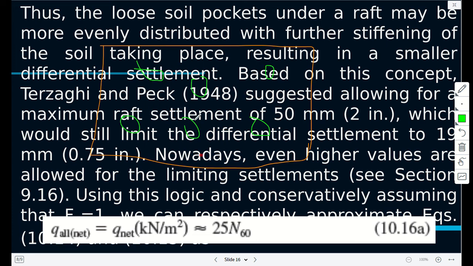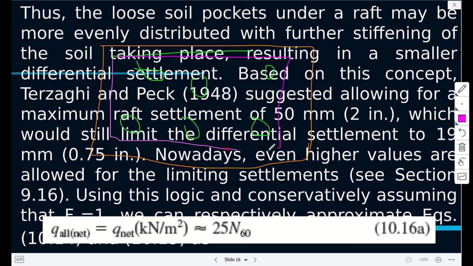You want to distribute the load over a larger area, so you help these pockets of weakness not to carry a lot of load. That means you make the pad foundation stiff.